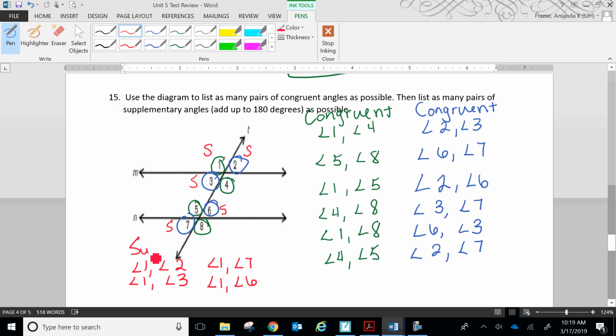So these would be my supplementary angles. And I'm going to erase this so we don't get confused by that. So those are just some examples of my supplementary angles. Those are not all of them.